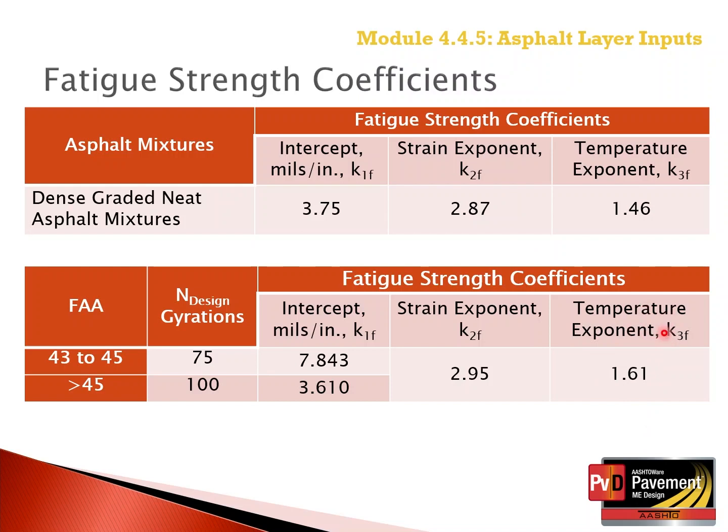The temperature exponent K3 was also found to be independent of fine aggregate angularity and number of design gyrations. Its value for the agency was found to be 1.61, as compared to the K3 value from the global calibration of 1.46. Just to give some comparisons between different mixes produced by different agencies.